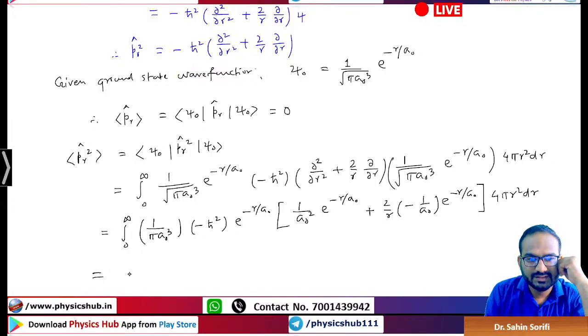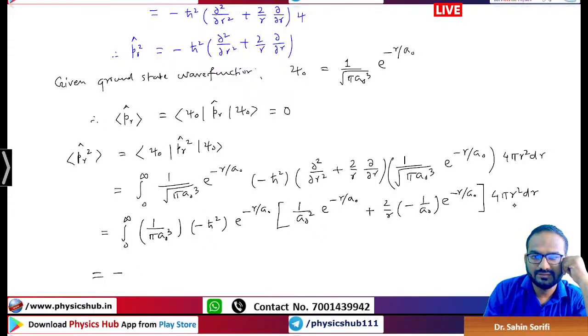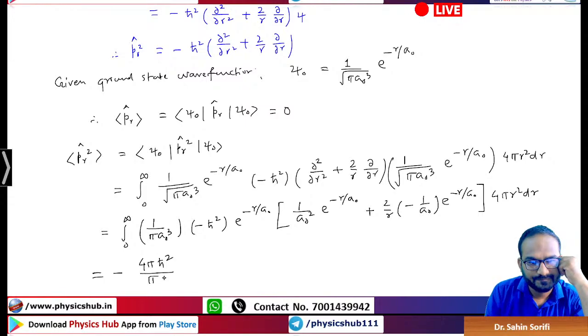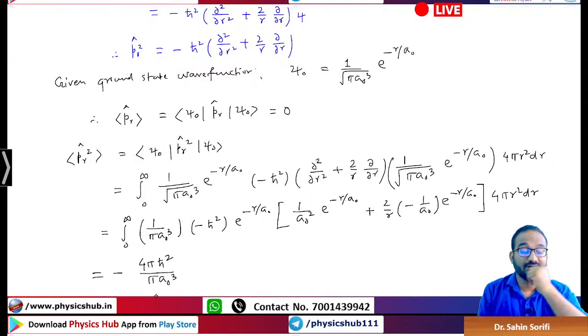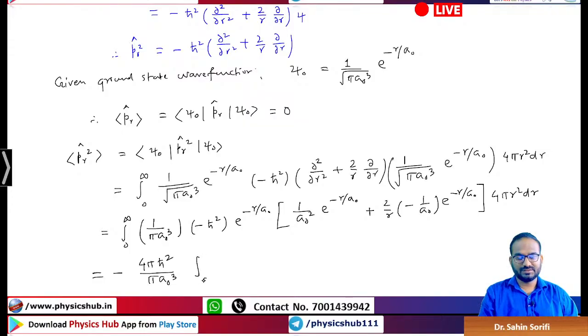Now let's take out this minus h cut square and 4 pi. So I am writing 4 pi h cut square divided by pi a naught cubed. So we have taken out the constant parts. What remains? 0 to infinity, 2 integrations will remain, right?